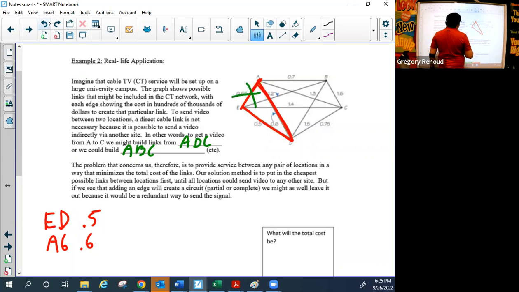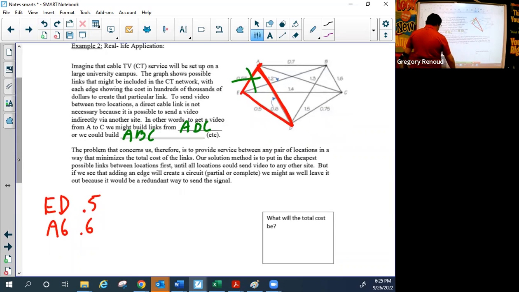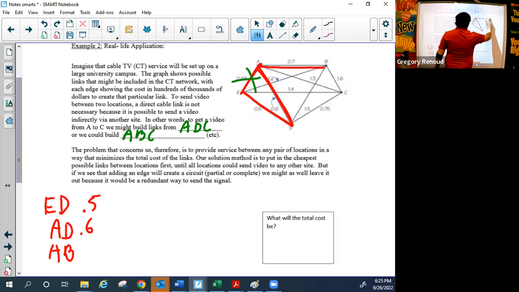So we have to reject this guy. The next smallest is AB. So we have AB here. That's our next smallest of 0.7. And our next smallest is 0.75 at DC.